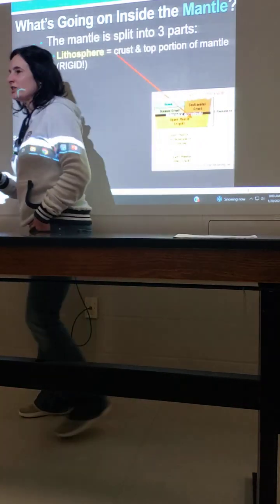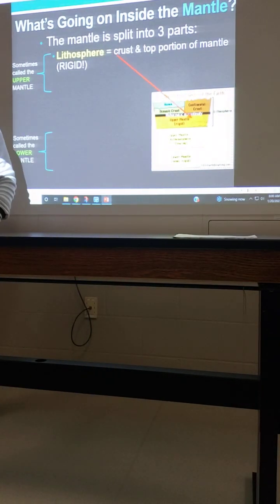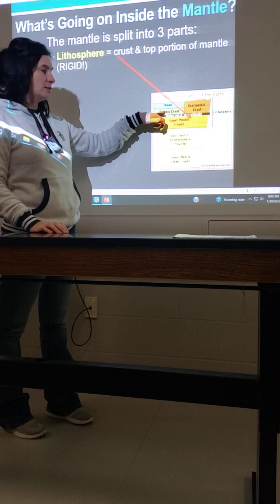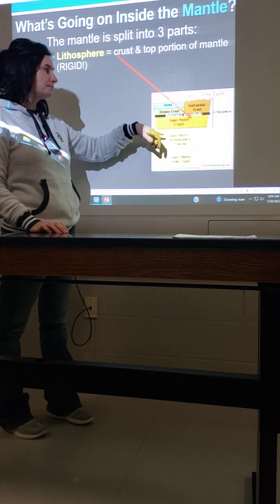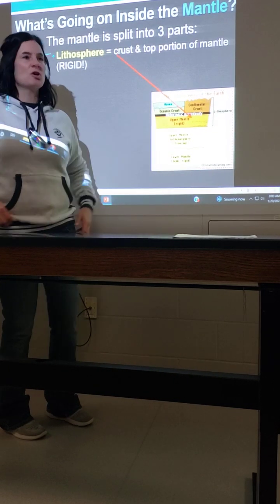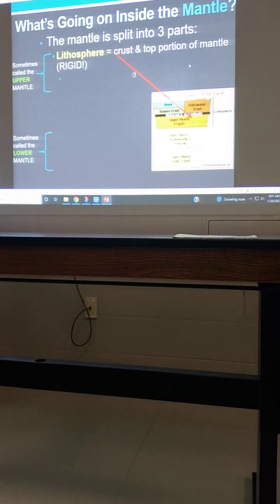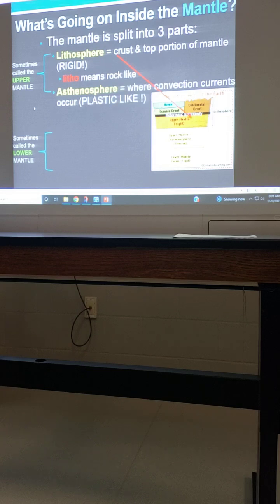Litho means rigid, kind of rock-like. That makes sense because it's including the crust, continental or oceanic. So it's hard, it's rocks making it up. The upper mantle is also very stiff and rigid. So litho means rock-like.